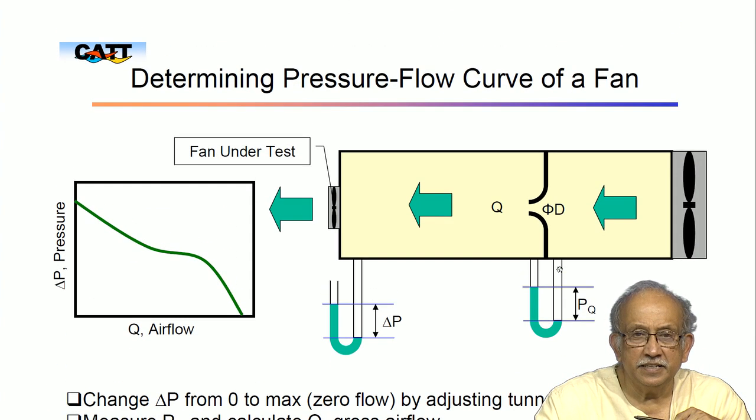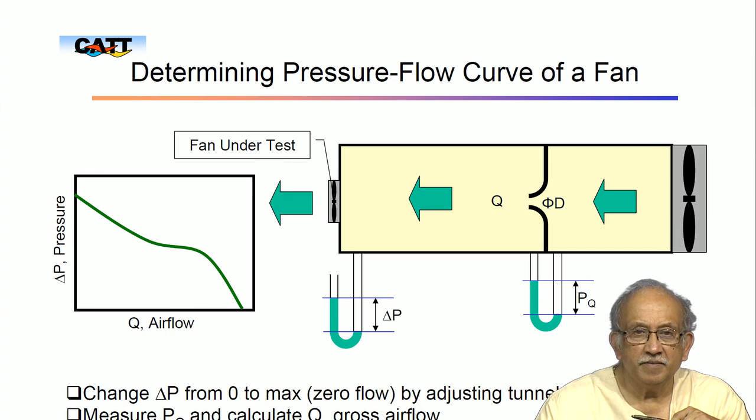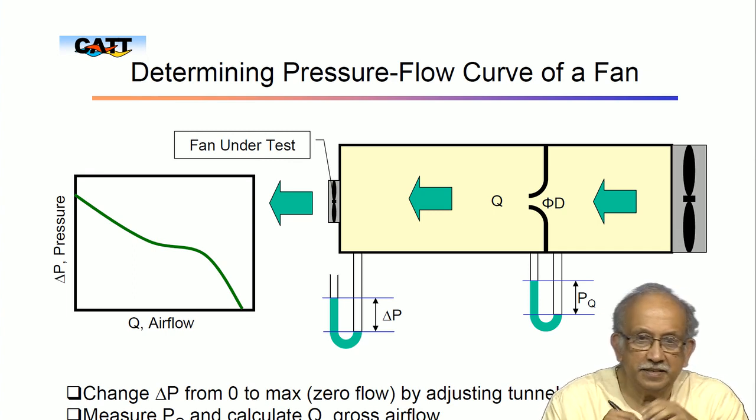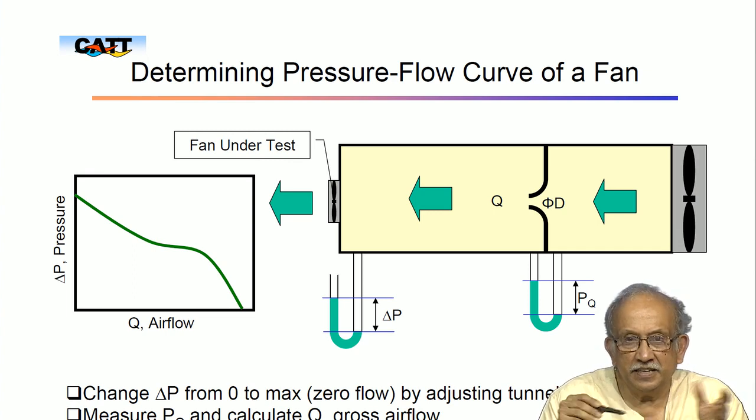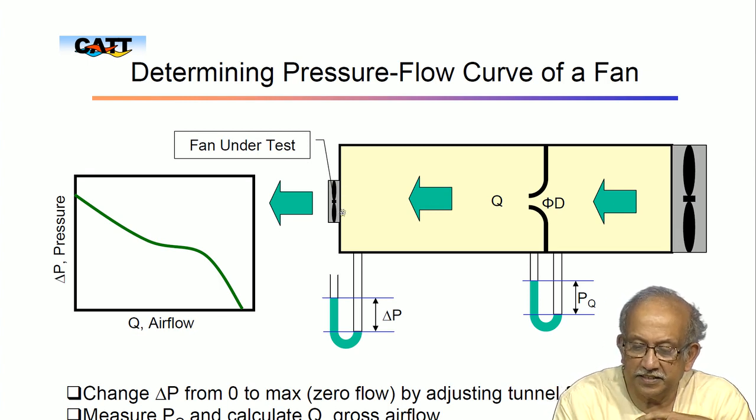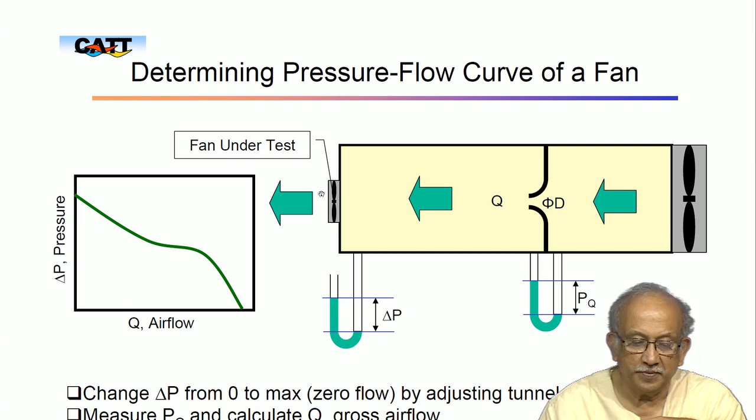So, typically they have given how to build a device to measure a fan under test. You have seen this, no? So, change delta P from 0 by adjusting tunnel flow.